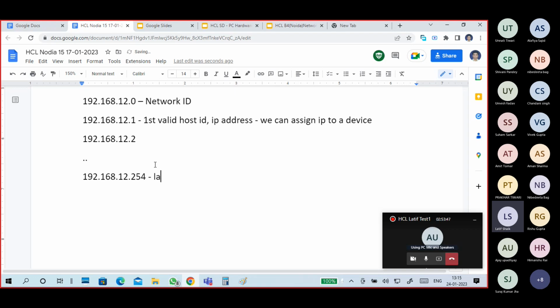It is the last valid host ID, meaning IP address. Up to here we can assign. The next one is 12.255. This is called a broadcast ID.